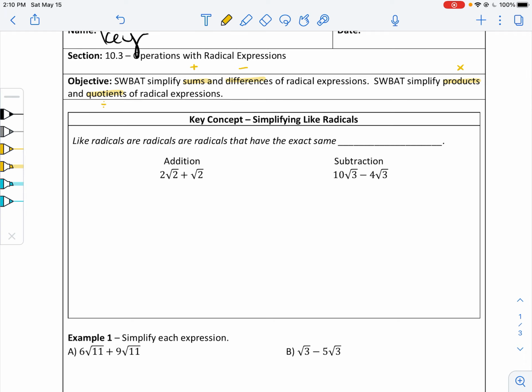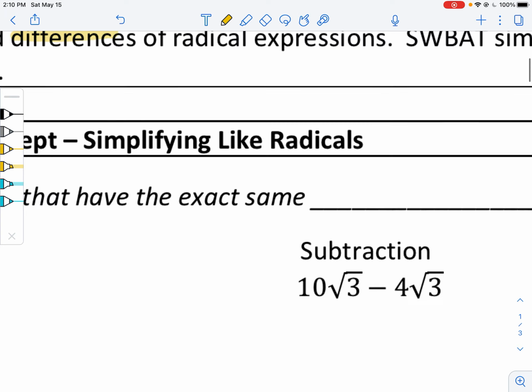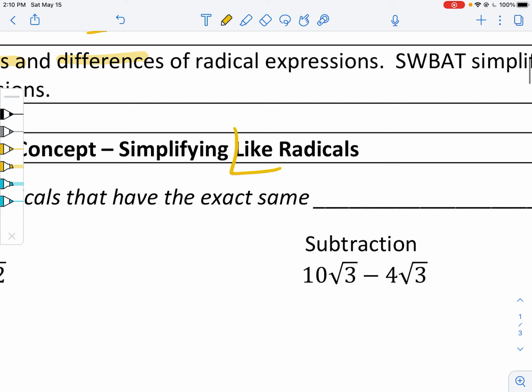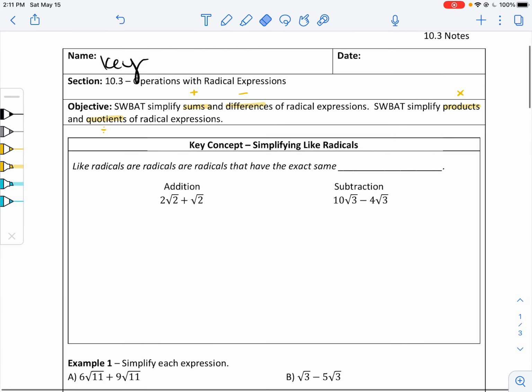So let's get started. What we're going to do today is find like radicals and simplify them. So please read this as simplifying "like radicals," not simplifying like radicals. Okay, here we go. Let's talk about a like radical. Like radicals are radicals that are alike.